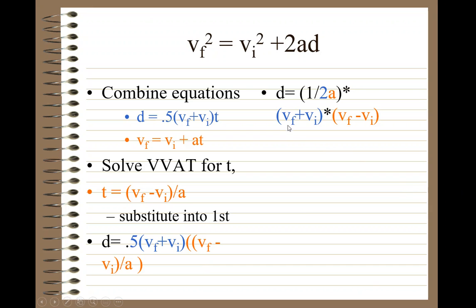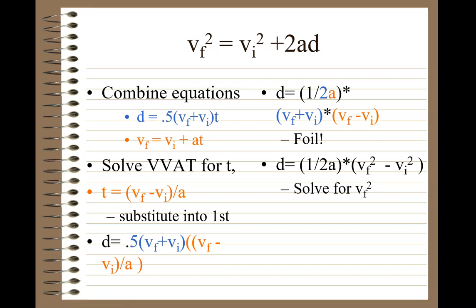As you can see, (VF plus VI) in parentheses times (VF minus VI) in parentheses. You might be thinking back to your Algebra 1 times and you're like, wait a minute, can't I do FOIL? Why, yes! First, outside, inside, last, and you smush all that together, rearrange, and solving for VF squared, you get this guy. Oh yeah.